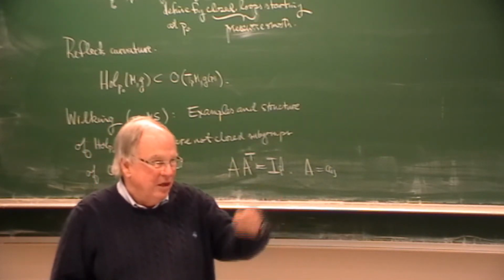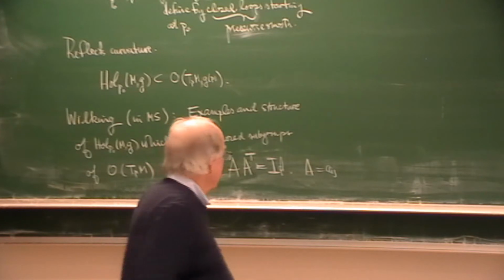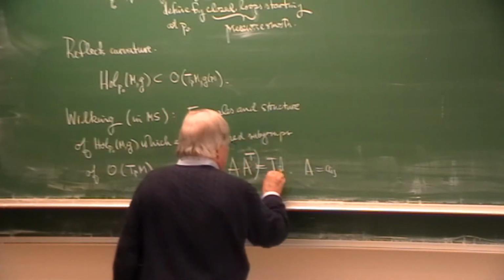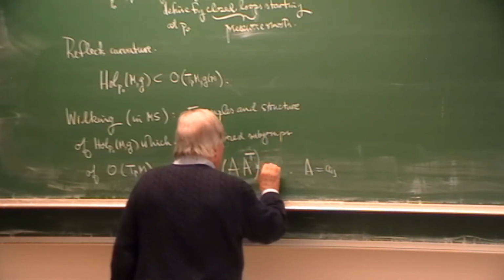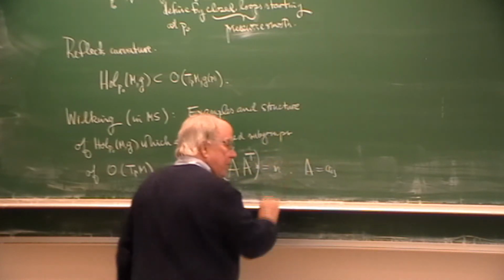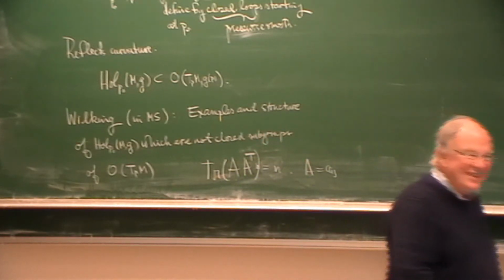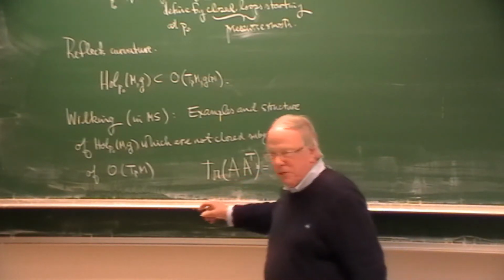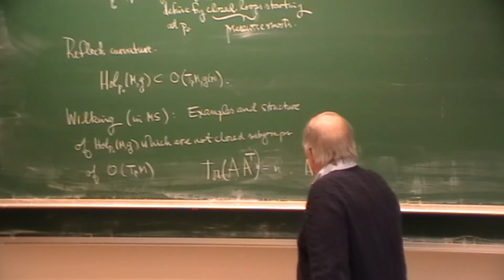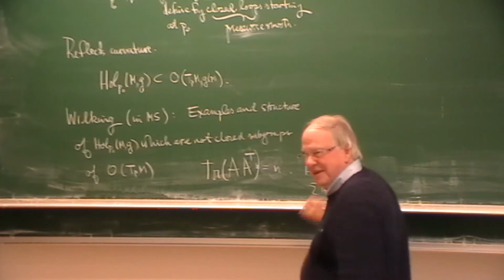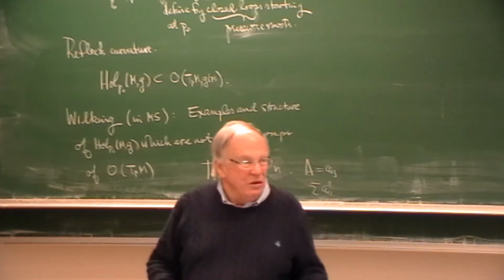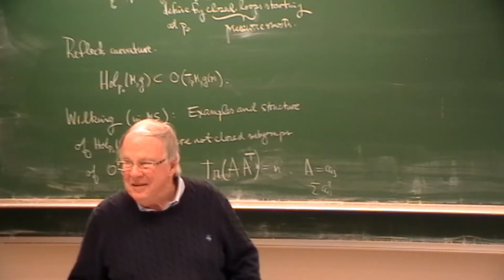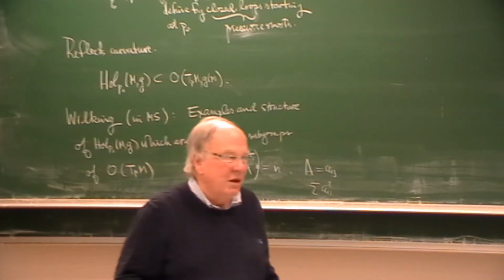You take the matrix A times A transpose, and the good norm is the trace of this. Since it's equal to the identity, the trace of this for every orthogonal matrix is n. And the trace of A times A transpose is exactly the sum of the A_ij squared. So the defining nature of the matrices puts these things in the unit sphere, basically. So the orthogonal group is a compact thing.